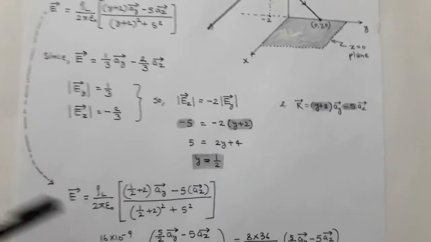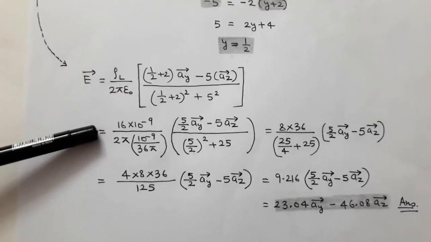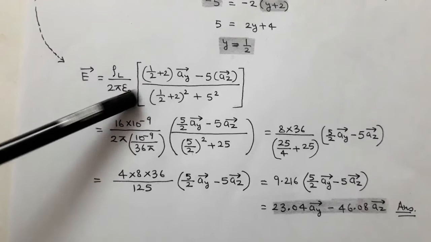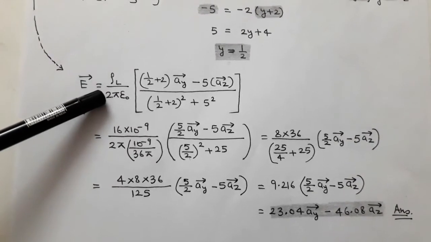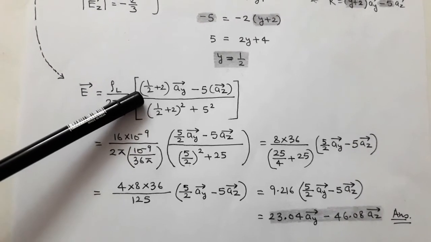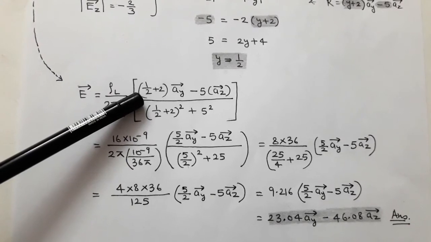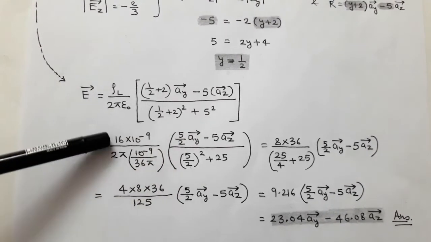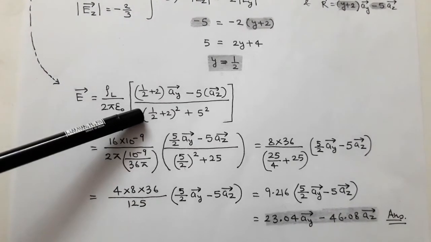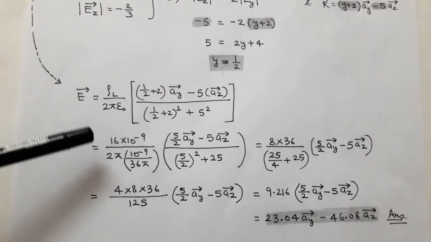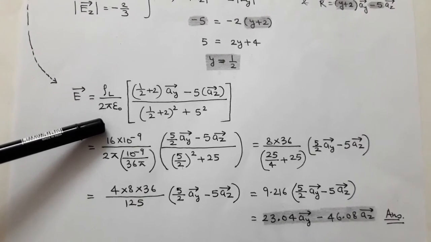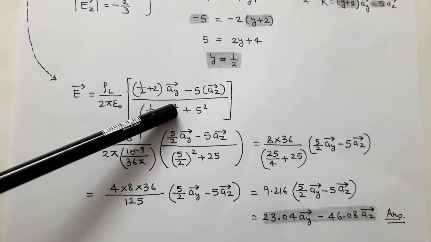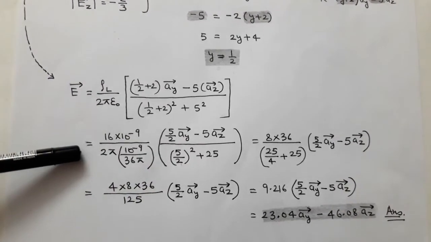After putting the value of 1 upon 2 in the above equation to determine the electric field intensity E, in place of y equals to 1 upon 2, the electric field intensity E becomes rho L upon 2 pi epsilon naught. Within bracket, numerator is 1 upon 2 plus 2 unit vector y minus 5 unit vector z upon magnitude square. Magnitude square is 1 upon 2 plus 2 whole square plus 5 square.